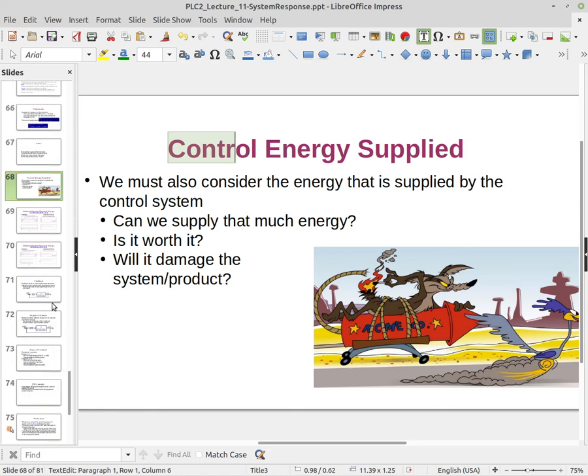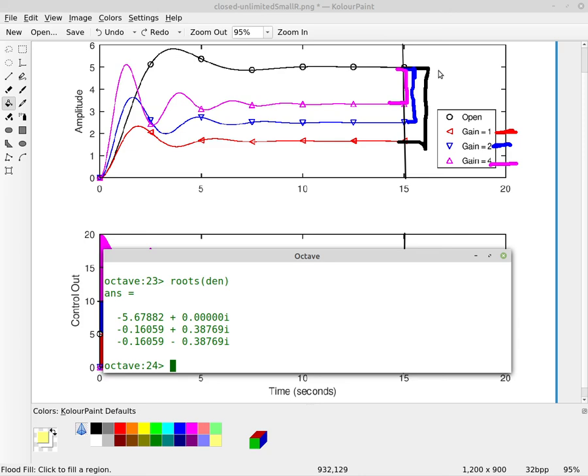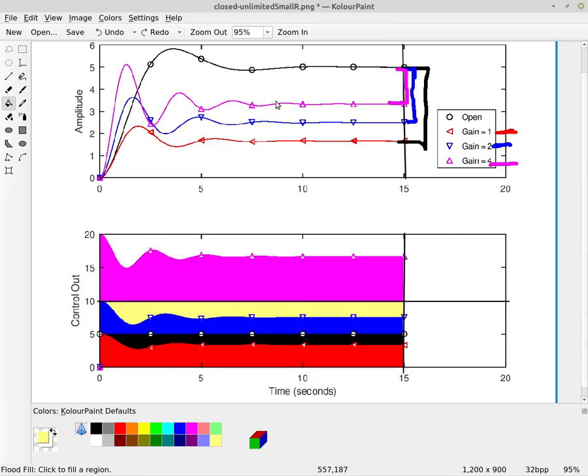All right, now if we come over here and look at this, I want to talk a little bit more about our steady state error. When we just do proportional feedback, you really cannot get rid of steady state error.